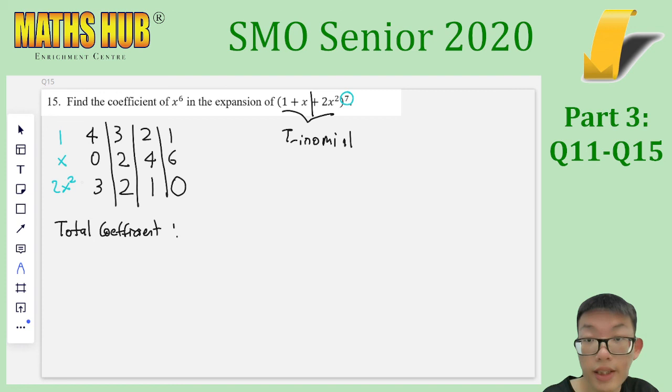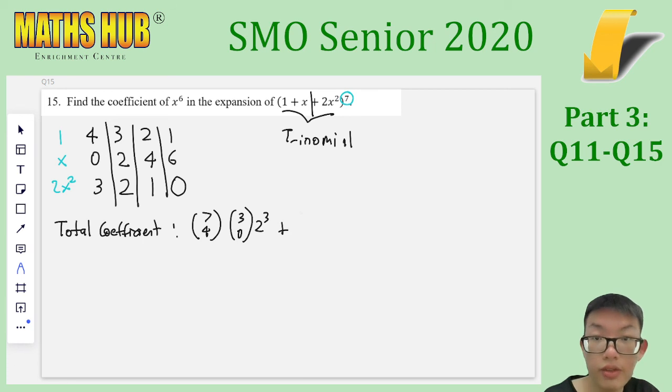Now firstly, if we have 4, 0, 3, there are 7 choose 4 ways to pick 4 ones, and then 3 choose 0. The term here is going to have (2x squared) cubed, so there will be 2 cubed resulting from 3 of these 2x squared.